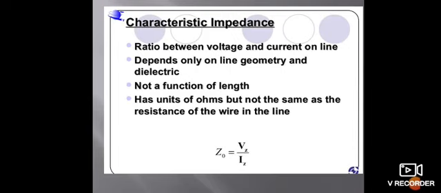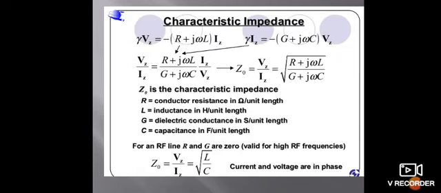The characteristic impedance at a high frequency is going to be different from that at low frequency, that is, at radio frequencies it is different. In order to calculate the characteristic impedance, first of all we have to know about gamma.